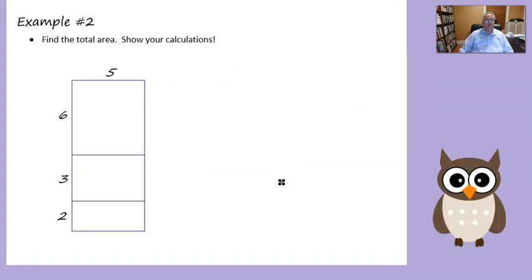All right, let's try this one. I'll find all the individual pieces first and then add them up. So 6 times 5 is 30. This is 5 here too, so 3 times 5 is 15. And 2 times 5 is 10. So I have all the pieces. Now if I add them up, 30 plus 15 is 45, plus 10 more is 55.